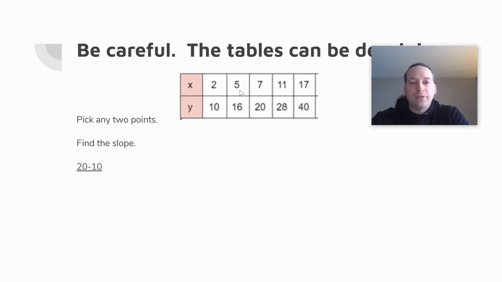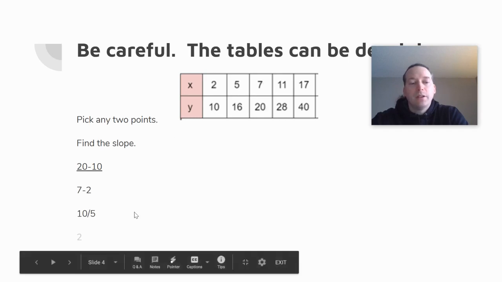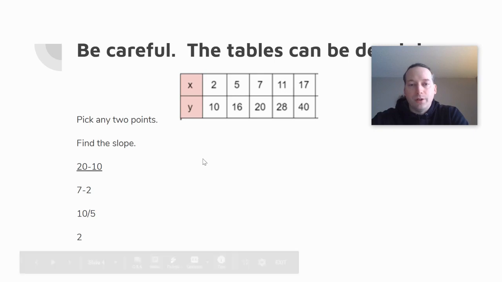Let's take, I chose this one, (2, 10) and (7, 20). So 20 minus 10 over 7 minus 2 is 10 over 5. That's a difference of 10 and a difference of 5, so a ratio of 2 to 1, or 2.